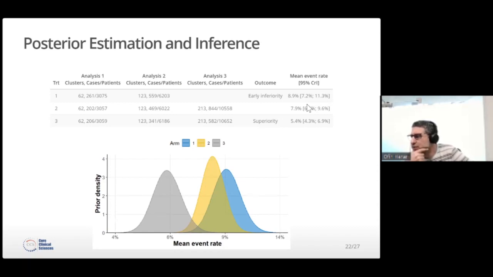If you look to the right, you can see the estimates and the credible intervals for each one of those event rates. So 8.9% for the arm that had a true mean event rate of 10%, that is well within that credible interval. Then 7.9% for the 7.5%, and 5.4% for the 5% arm. All sit nicely within their credible intervals.